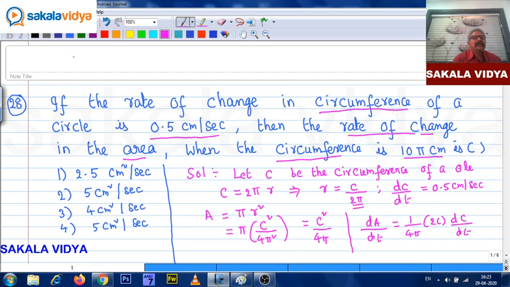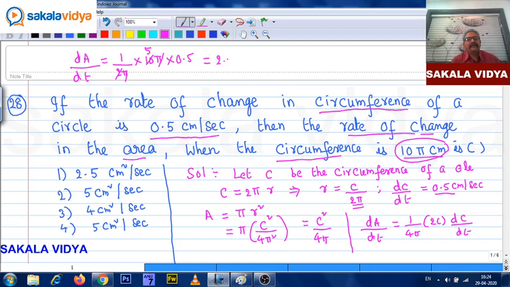So now here dA by dt equals 1 by 2 pi C, circumference is given 10 pi centimeters, so 10 pi multiplied by the rate of change of circumference, also given 0.5. This pi gets cancelled. We have 2.5 centimeter square per second. This is the answer. So first option is the right option.